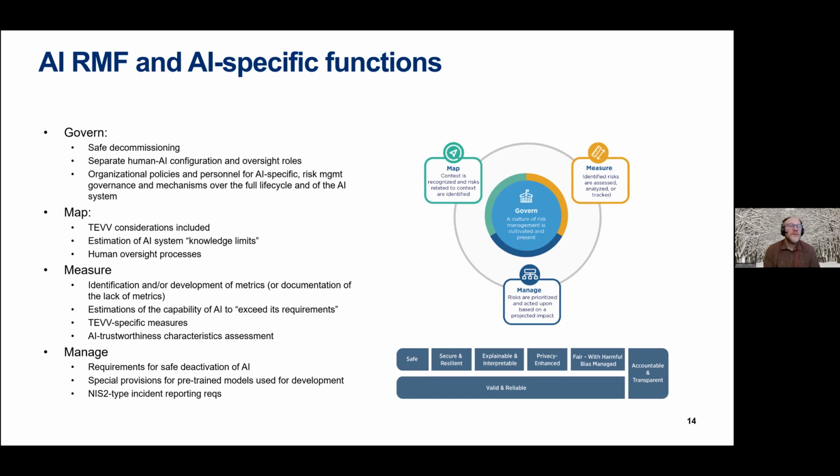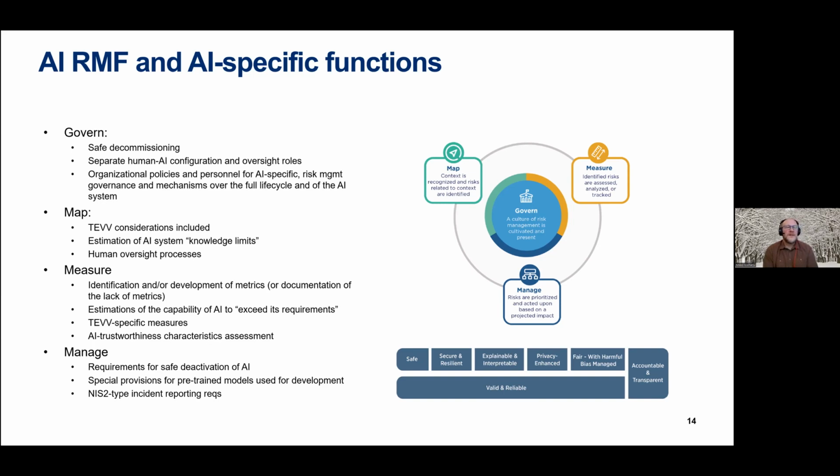To see some of these AI-specific functions, what is very visible there is safety, and safe decommissioning or deactivation of the AI is a requirement. It's a basic human reaction: if you are doubting that something is very self-determined and can possibly coordinate itself into emergent behavior, then you want to have an off switch.